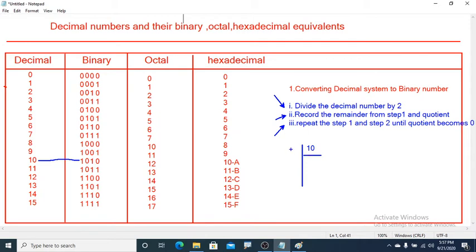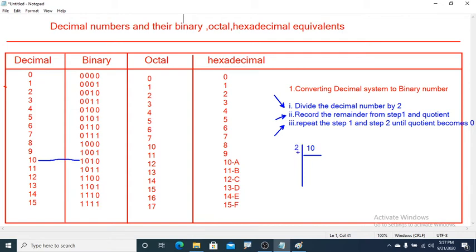Which number am I going to divide by? 2.